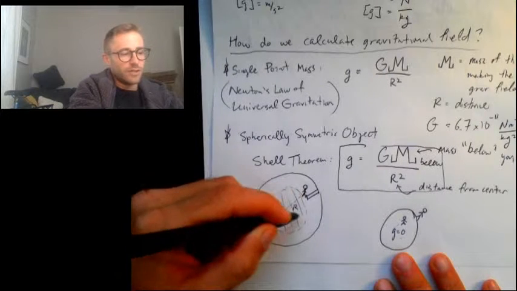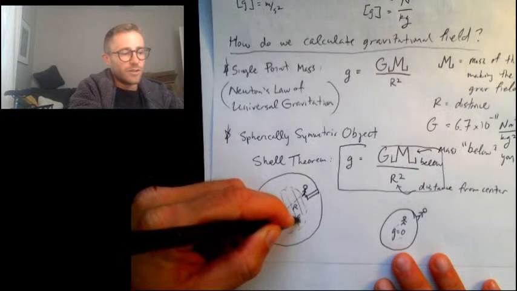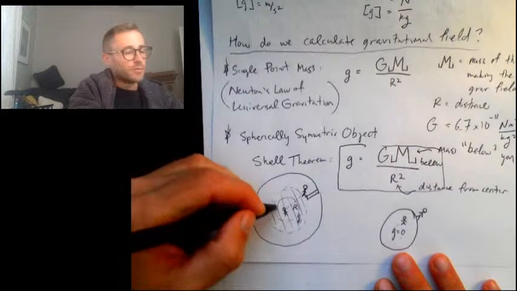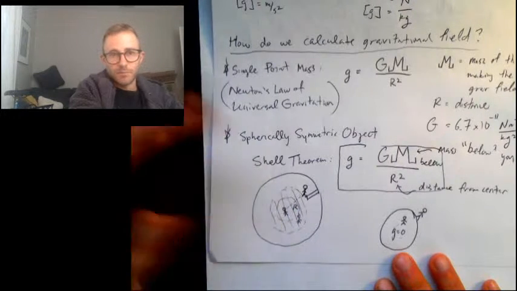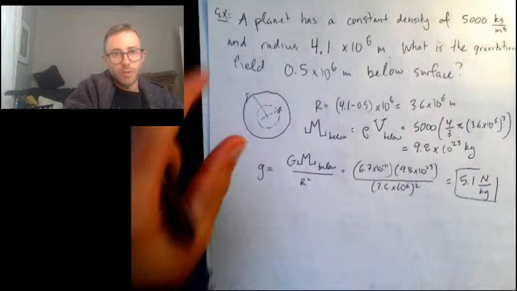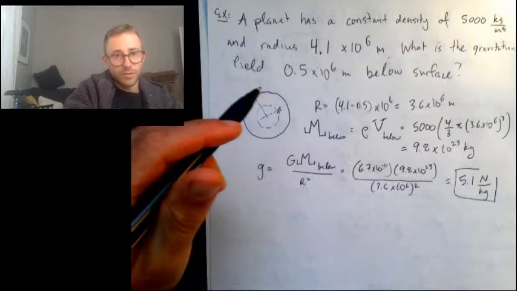You can see as you move towards the center, the amount of mass below you gets smaller and smaller. Once you get to the center, mass below you is 0, and the gravitational field is 0. So at the center of the planet, there is no gravitational field.